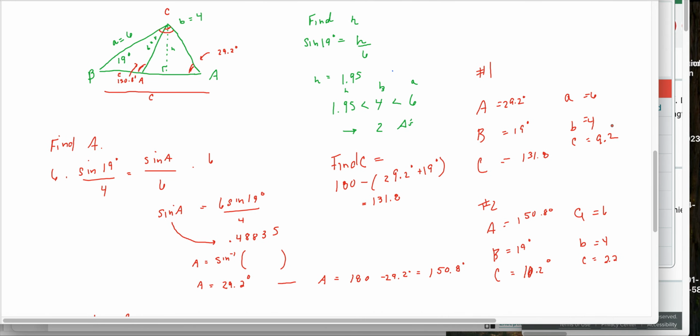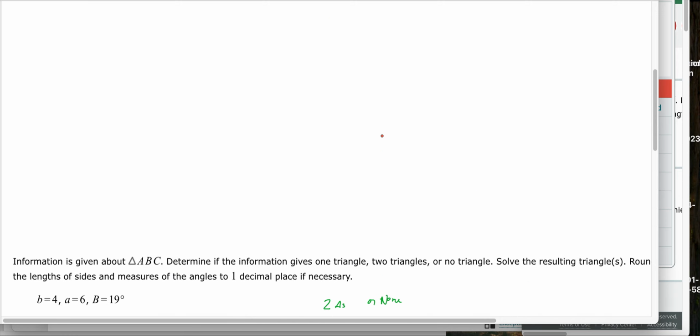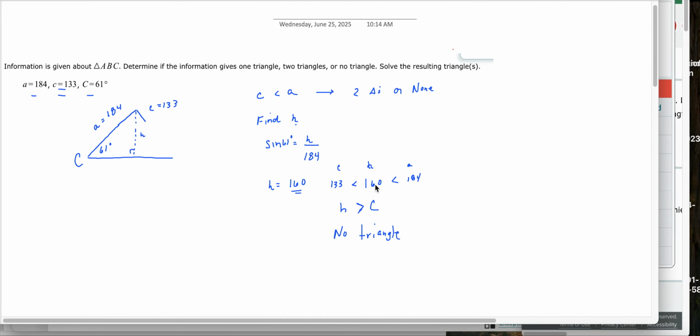And so we solved the two triangles. And again, it really comes down to finding H and doing that comparison. So remember, H was smaller than that side B in this case. And so we knew that we were going to have two triangles, as opposed to the first example that we looked at, when H was in between the two, where C is smaller than the given, but H was bigger.